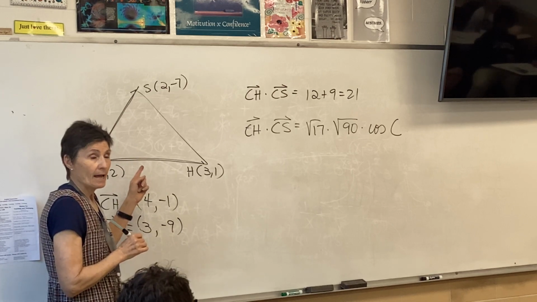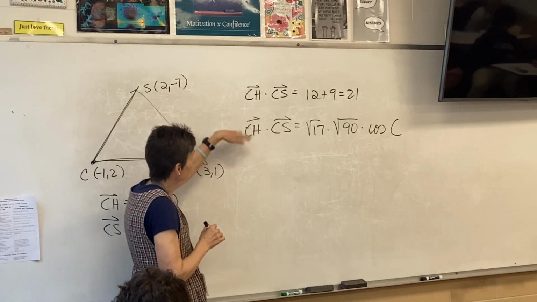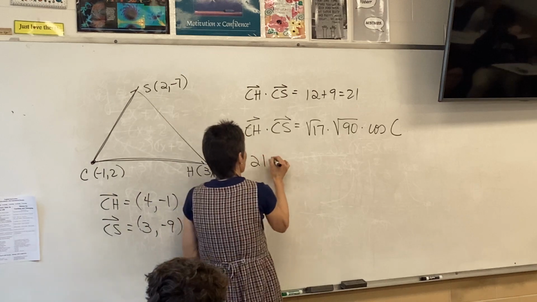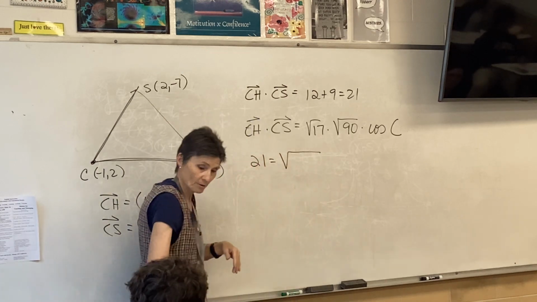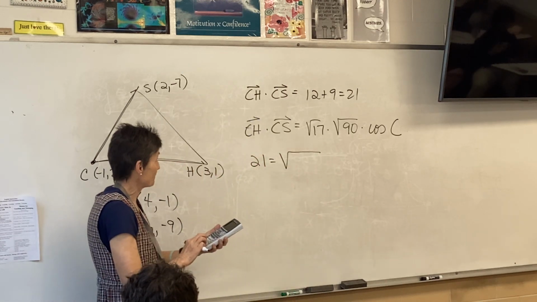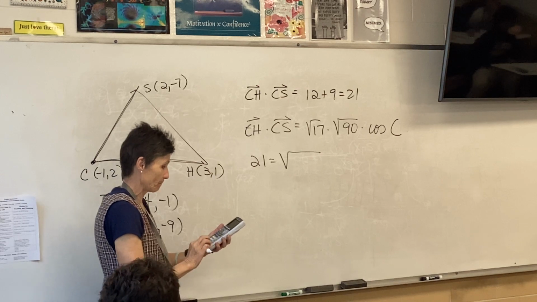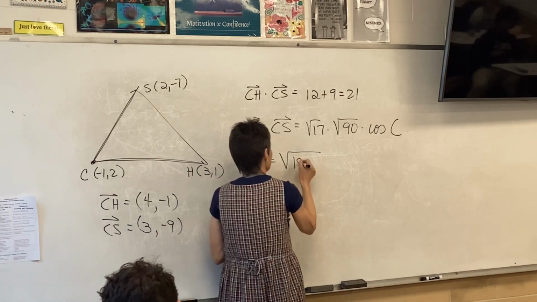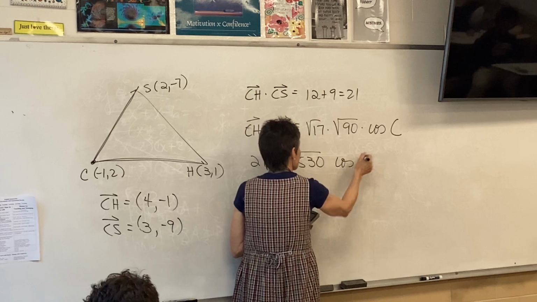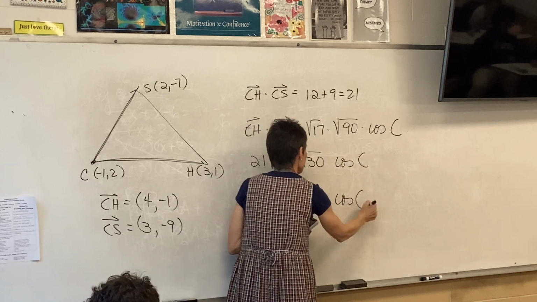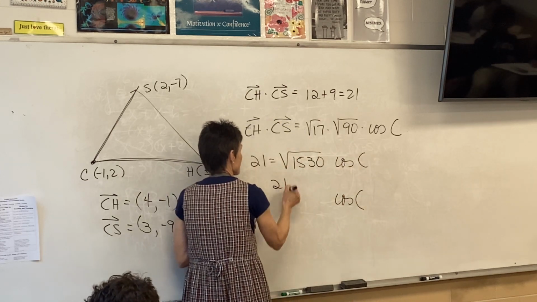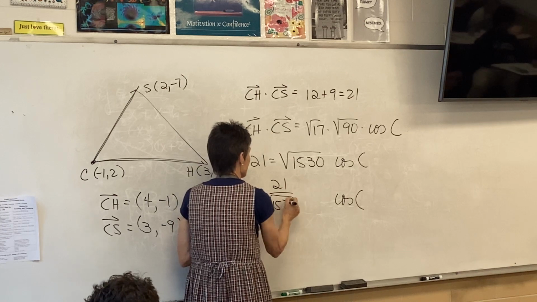And since these are both the dot product, I can set them equal to each other. I'm going to make that a little simpler. What's 17 times 90? 1530. So the cosine of angle C is 21 over root 1530.